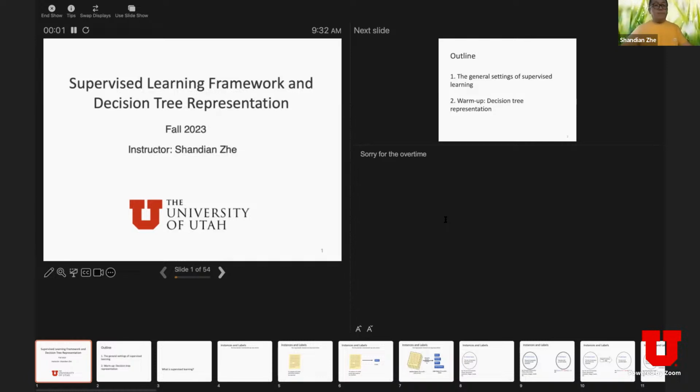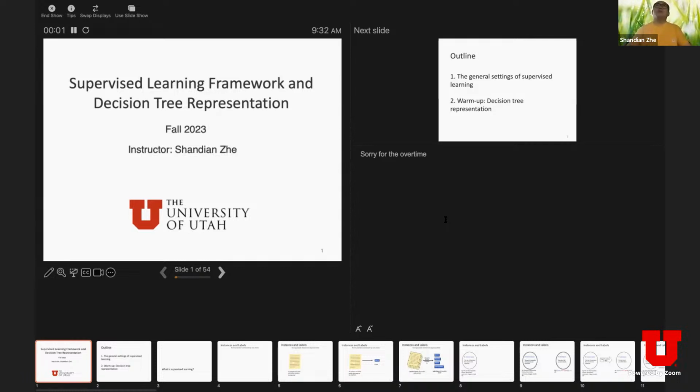When you design your supervised learning algorithm, you should always be clear about what your hypothesis space is. Although for popular algorithms, people already know their hypothesis space, like linear models, support vector machines, kernel methods, and neural networks, we request you still to be clear about your hypothesis space.